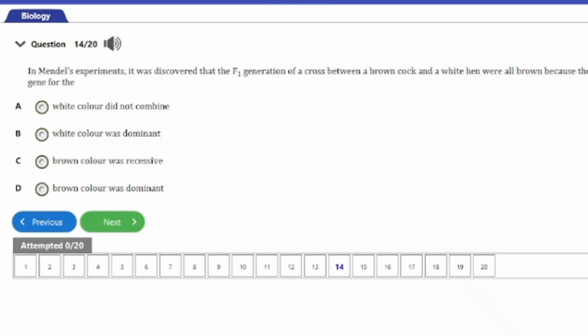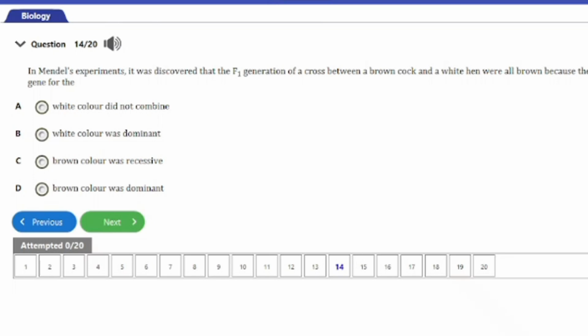Question number 14, it says, in Mendel's experiments, it was discovered that the F1 generation of a cross between a brown cock and a white hen were all brown because the gene for the A, white color, did not combine. B, white color was dominant.